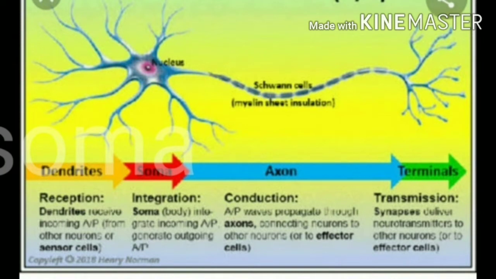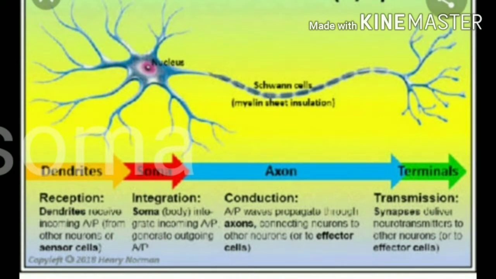The soma, the cell body of the neuron, is where the signals from the dendrites are joined and passed on. In the axon, nerve impulses, that is action potentials, propagate, connecting the neuron to other neurons. The synapse delivers neurotransmitters to other neurons.